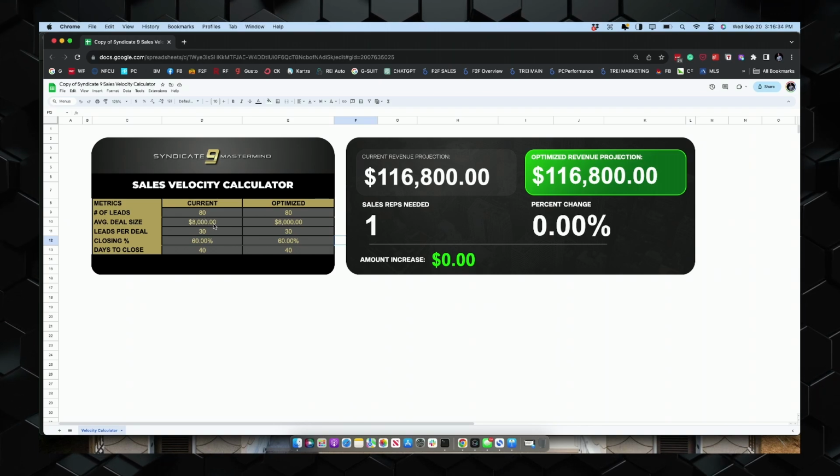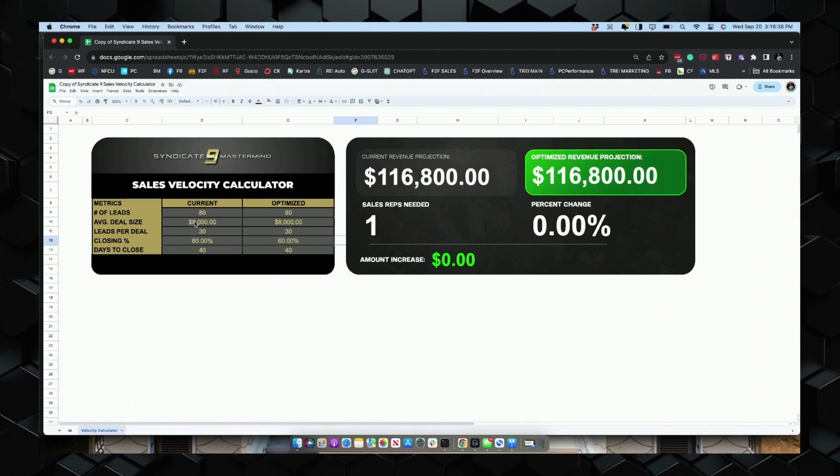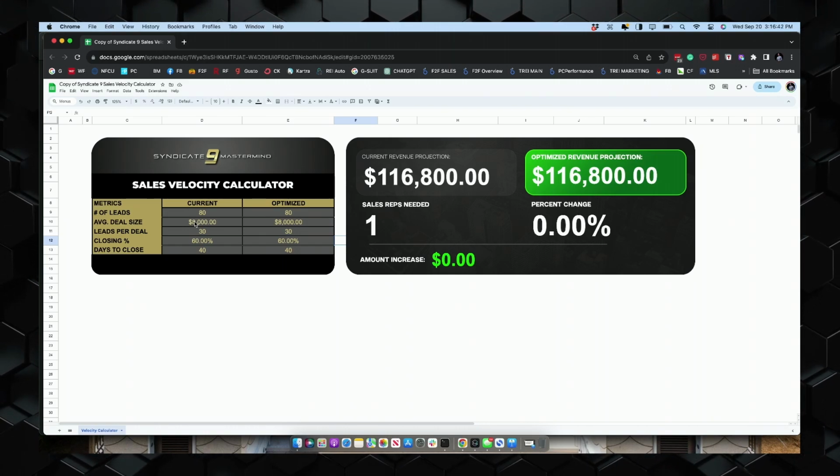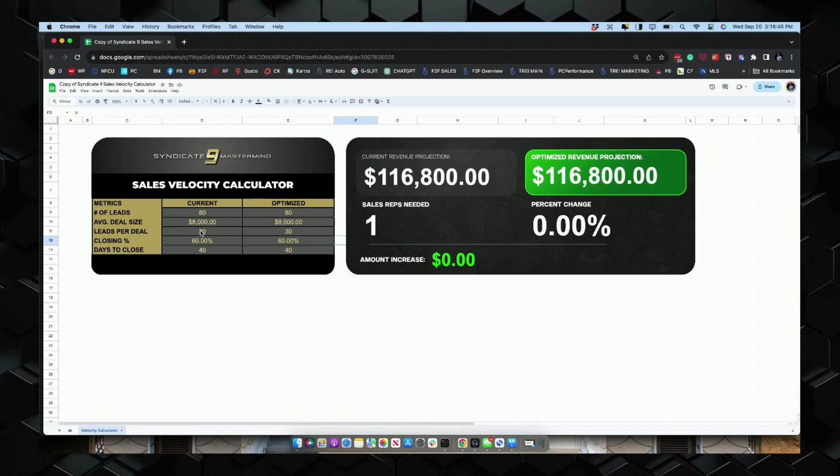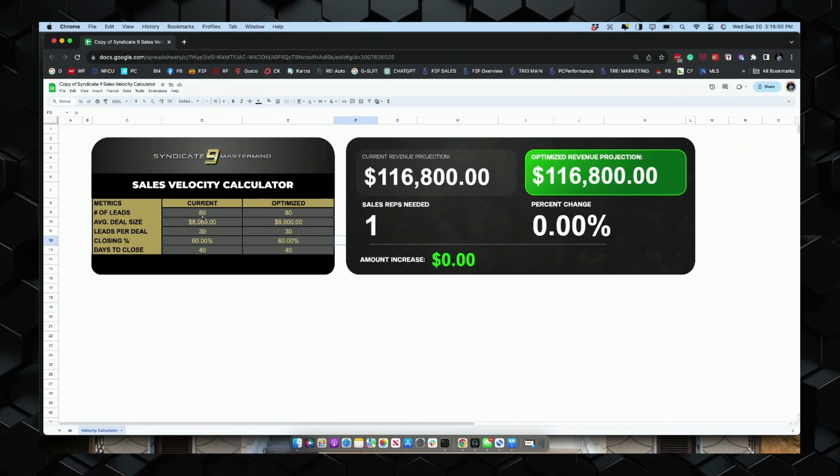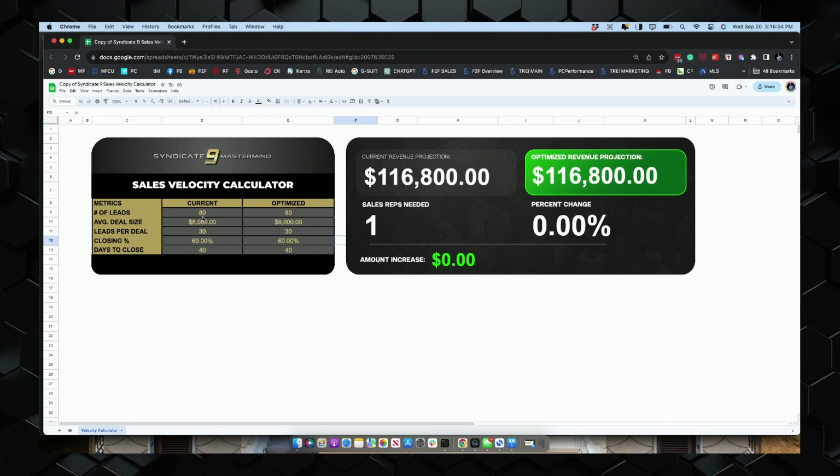And their average deal size, if they take all their deals and divide by that number, is about $8,000. They're selling to cash buyers. They'll generate about 80 leads a month from pay-per-click advertising, for sale by owner, texting, cold calling.